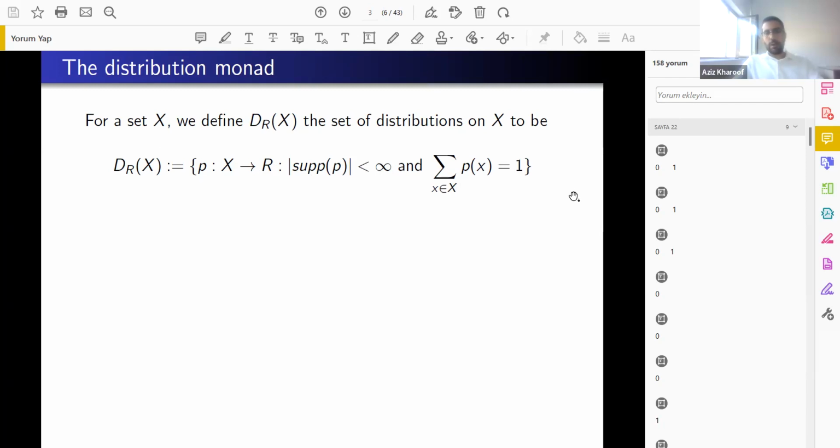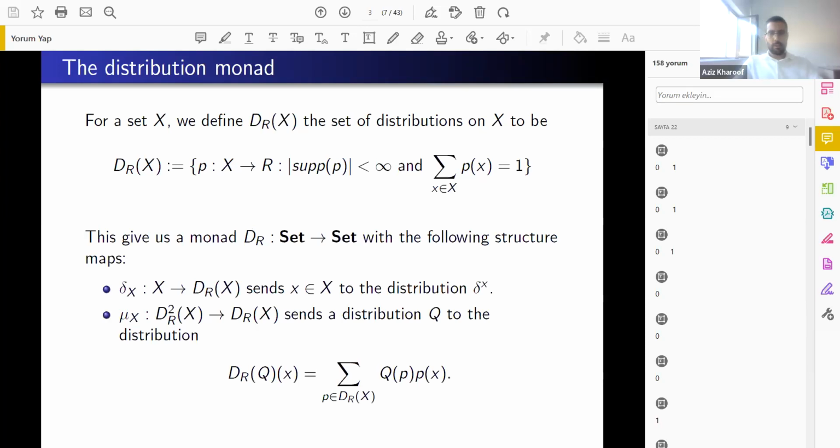Actually, this also can apply on maps, so this is a functor from sets to sets. More than this, this is actually a monad. This is the distribution monad. It also has the following structure maps. The unit of this monad sends every element x to the trivial distribution that gives 1 to this small x and 0 to the rest.